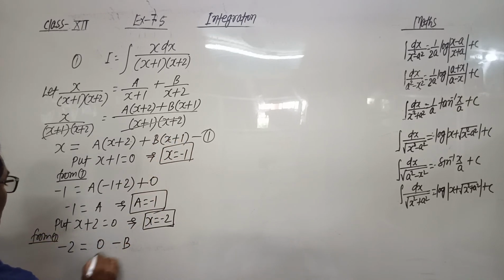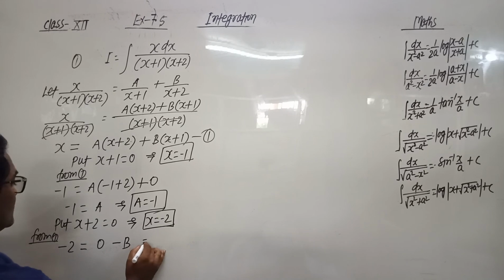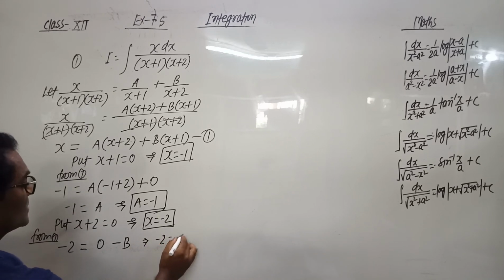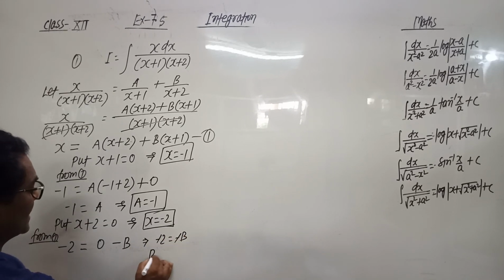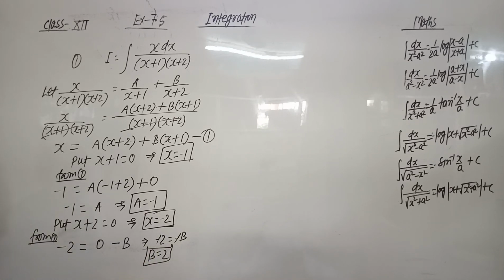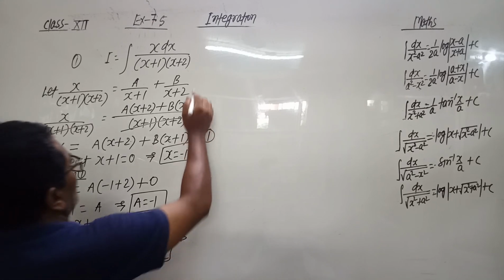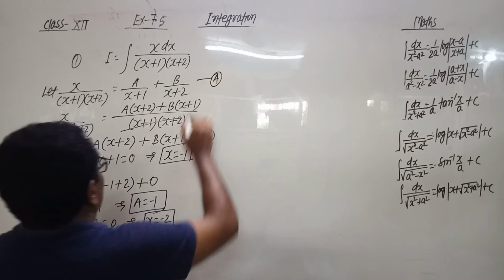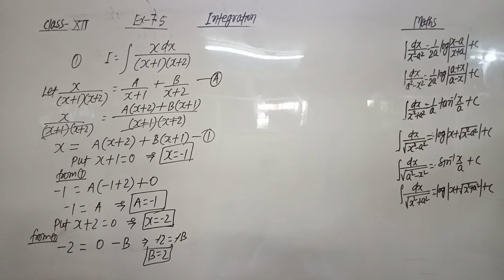So minus B. So this is minus 2 equals minus B, minus and minus cancel, and we get the value of B equals 2. Now the values of A and B we put in equation number A.